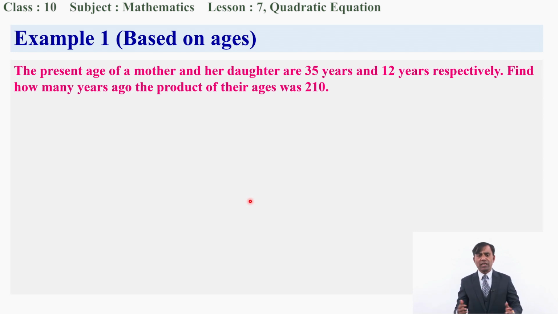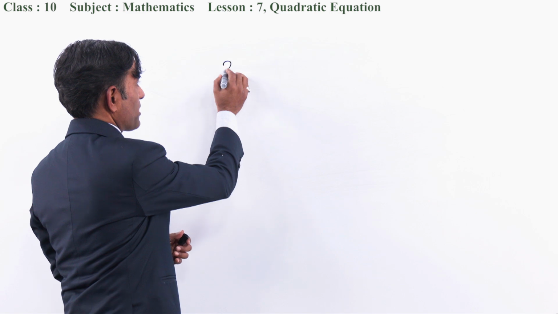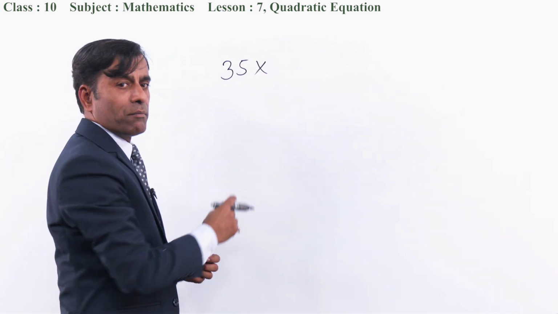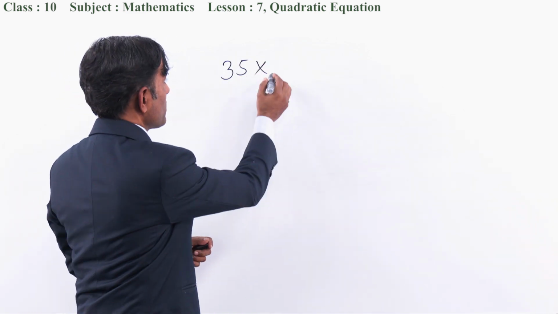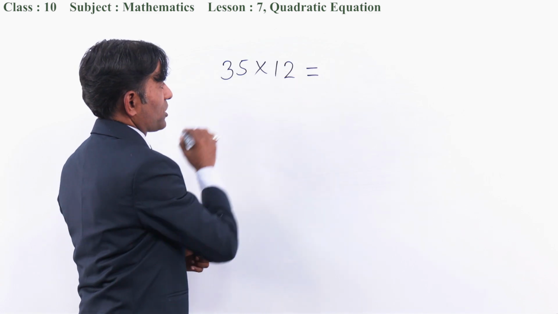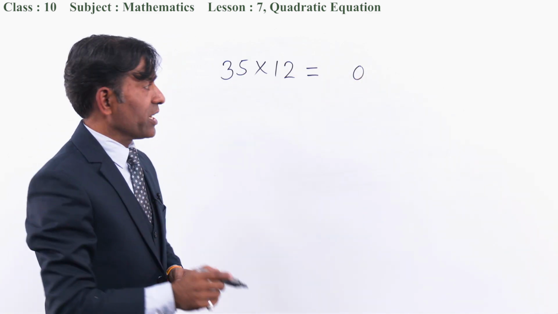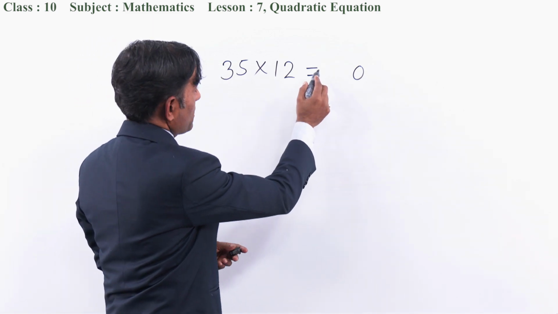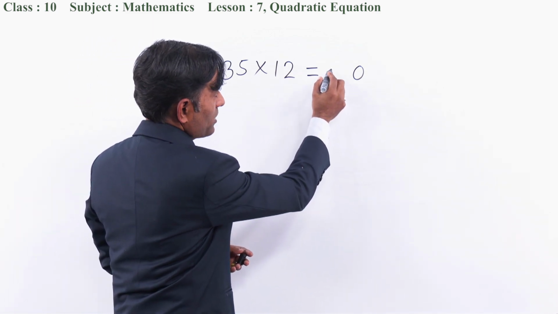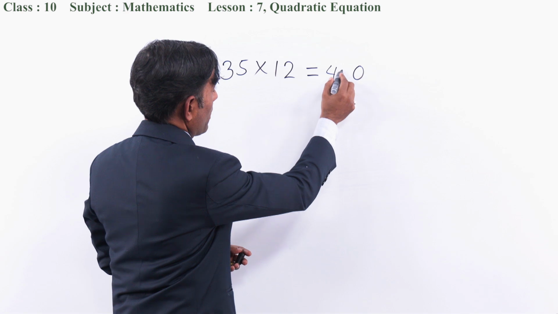Do you know the present age product? 35 multiplied by 12. This is not 210, it is more than 210. Let's see here. If you multiply the present ages, 35 multiplied by 12, how much is the result? 12 times 5 is 60, write 0, remaining 6; 12 times 3 is 36, 36 plus 6 is 42.